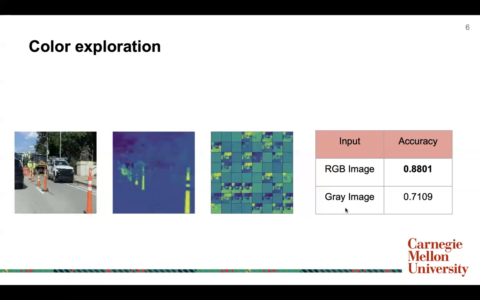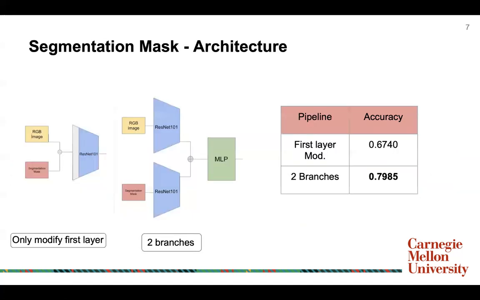On the right, we also did another experiment where we only use grayscale images as the input to the model and see how it performs compared to using the RGB image. The grayscale image has a much lower performance compared to the RGB image. It suggests that the models heavily rely on the color information to identify the construction.